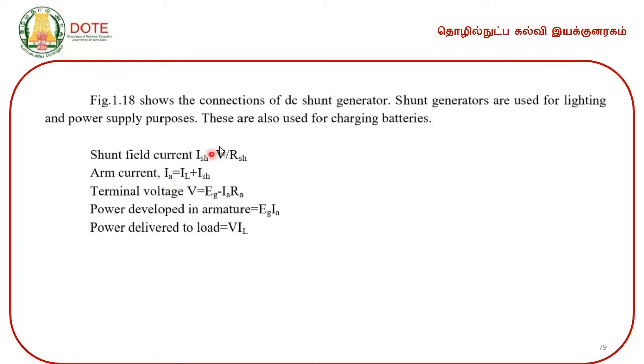The armature current IA is equal to IL plus ISH, and the terminal voltage V is equal to EG minus IA RA. So, V is the terminal voltage, EG is the generated voltage, IA is the armature current, RA is the armature resistance. Then the power developed in the armature is equal to EG into IA, whereas the power delivered to the load is the terminal voltage into the load current.